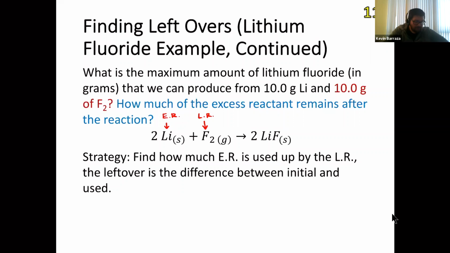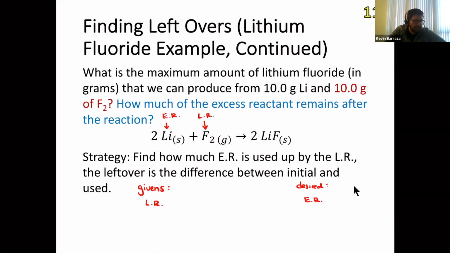So this is our basic strategy. We're going to say Givens and desired again. And this time we're going to take the Givens for the limiting reactant, and we're going to take it to the excess reactant. So in our case, we're going to take the Givens for our fluorine, and we're going to calculate how much lithium, since that was the excess.